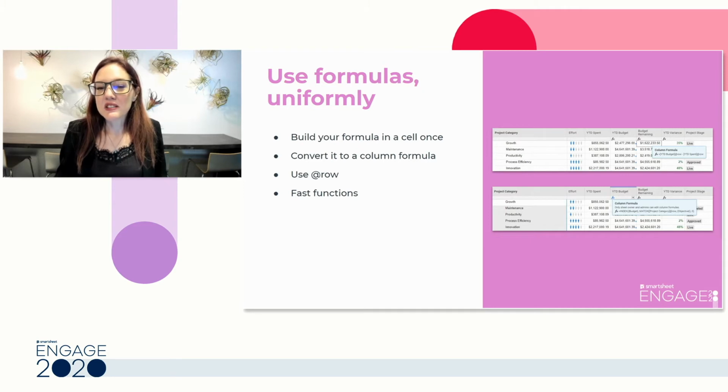Now you can write your formula once, right-click on that cell, and select Convert to Column Formula. That means that formula is consistently applied to every single cell in that column. So no matter how you have rows inserted, copy and pasted, how you drag and drop your hierarchies around, it just works. So have more confidence, save time, and have consistent, reliable results with the new column formulas. I'd love to hear feedback on how you like them and how you're using them.